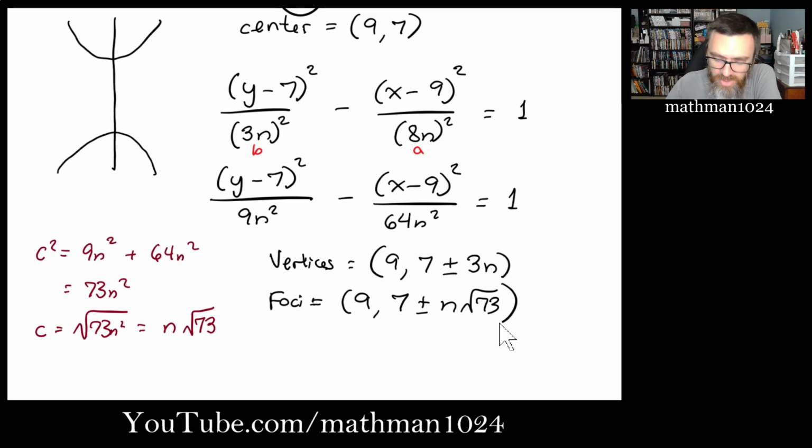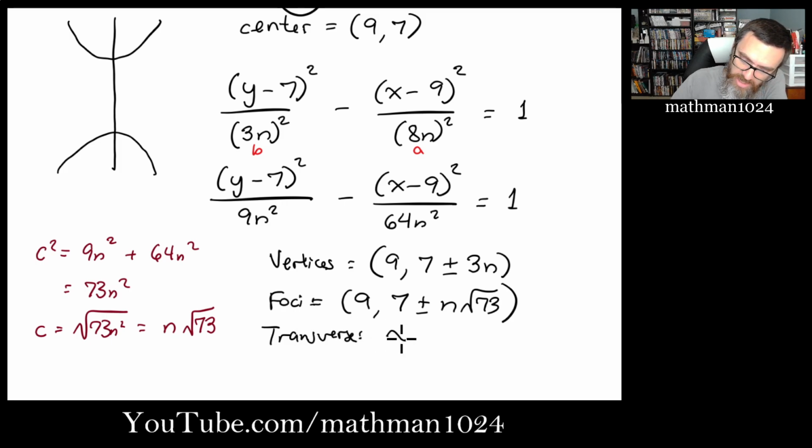Your asymptote's already there. Your transverse axis we already know is x equals 9. Your conjugate axis will be y equals 7.